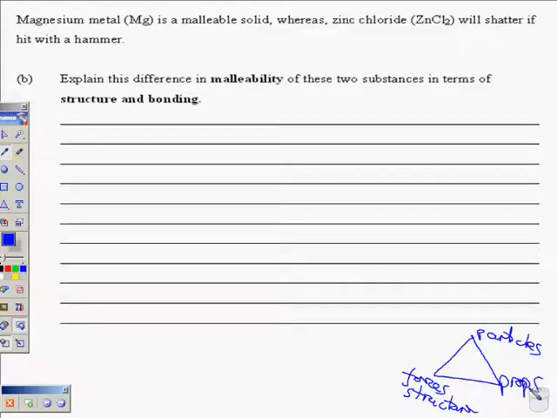We did props just now. Alright. Statement about the particles. Magnesium is made up of or consists of atoms. It's made up of atoms.